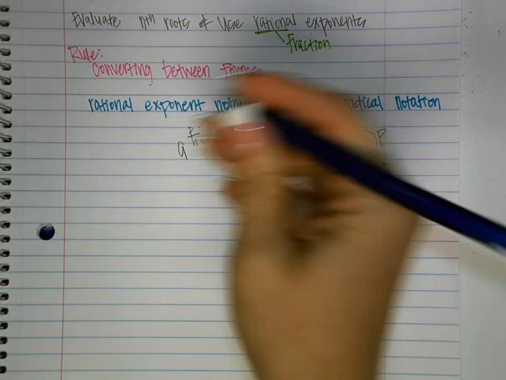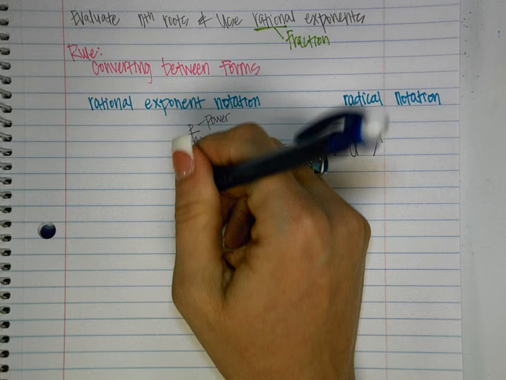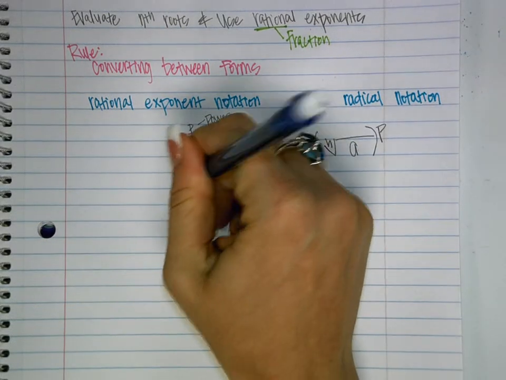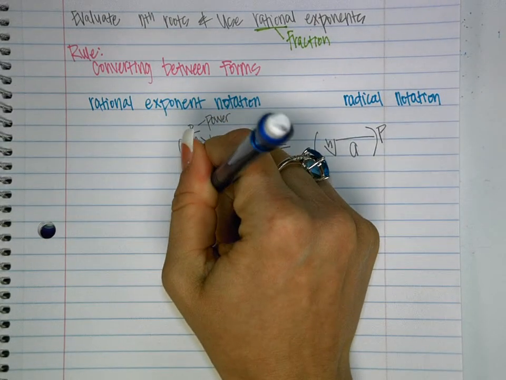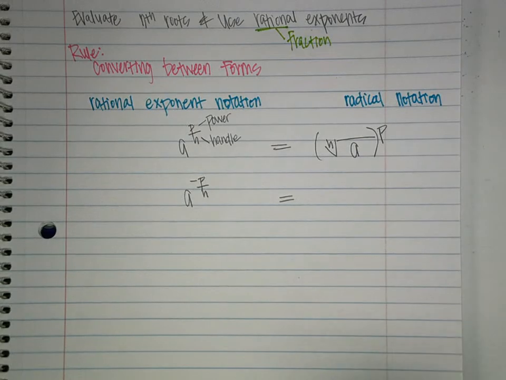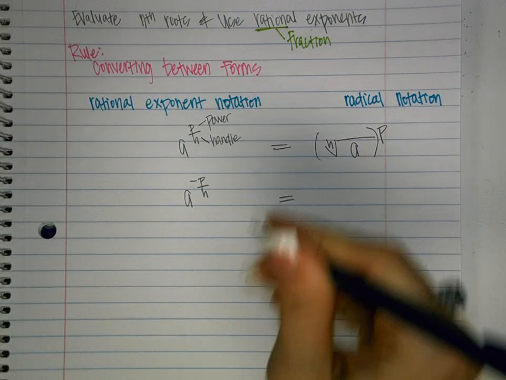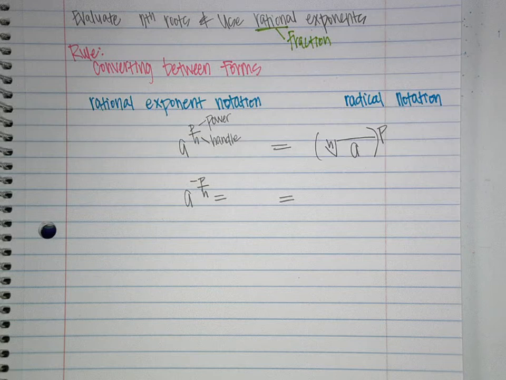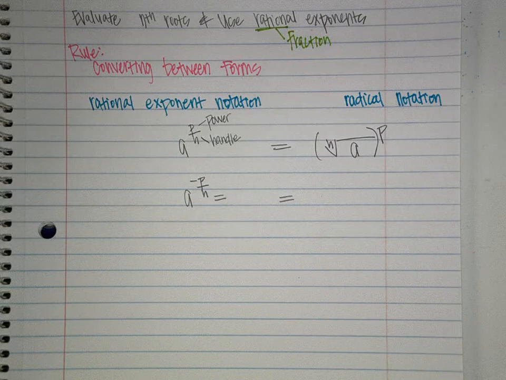You also need to be able to go from a to the negative p over h power. If it is a negative power, what do you first have to do? Does anyone remember? Move it to the opposite side of the fraction bar.